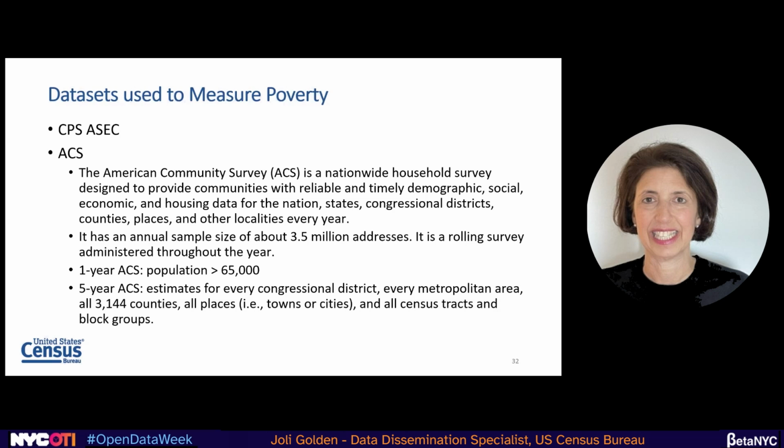For all other geographies, we release 5-year data. So for states, for counties with smaller populations, for census tracts, and places like cities and towns, you can find that 5-year American Community Survey data, usually released in December. It came out a little later this year due to our unfortunate lapse in appropriations.